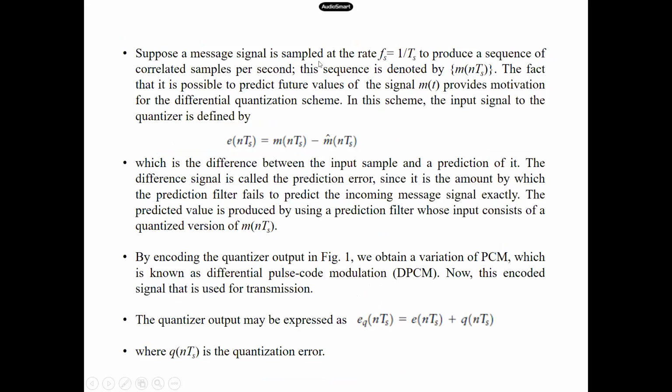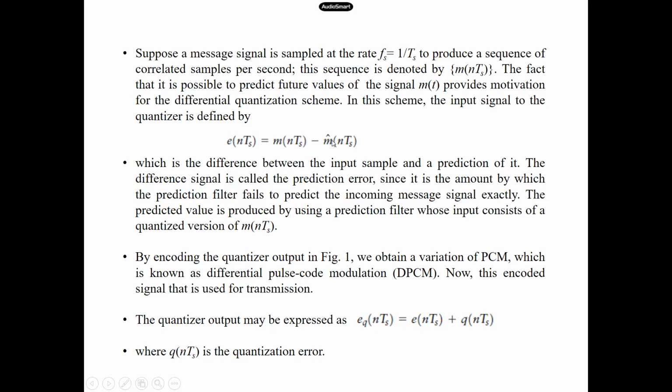Suppose a message signal is sampled at a rate fs equal to 1 upon Ts to produce a sequence of correlated samples per second. This sequence is denoted by m(nTs). The fact that it is possible to predict future values of the signal m(t) provides motivation for the differential quantization scheme. In this scheme, the input signal to the quantizer is defined by e(nTs) equals m(nTs) minus m-cap(nTs), which is the difference between the input sample and a prediction of it.